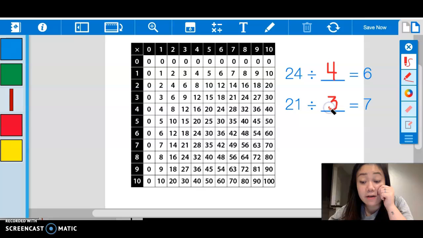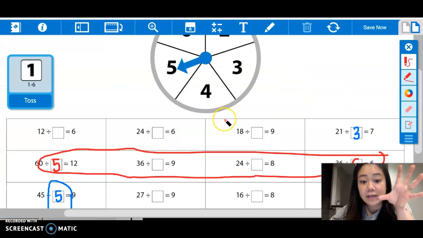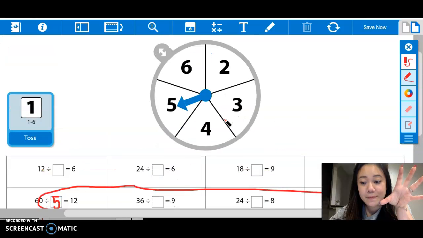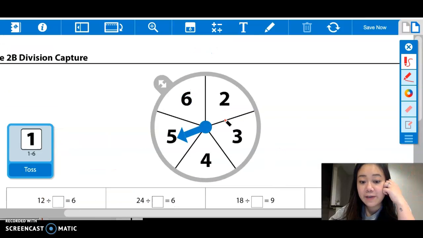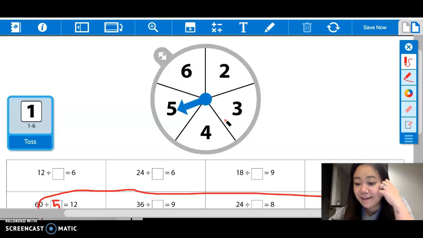I can also do it the other way. I can start at 7 this way and go all the way till I find 21, and if I see where it meets, it's 3 also. You can use either way. So you can use your page 18 to help you play this game. If you have time, you'll get to partner up and play with a partner.